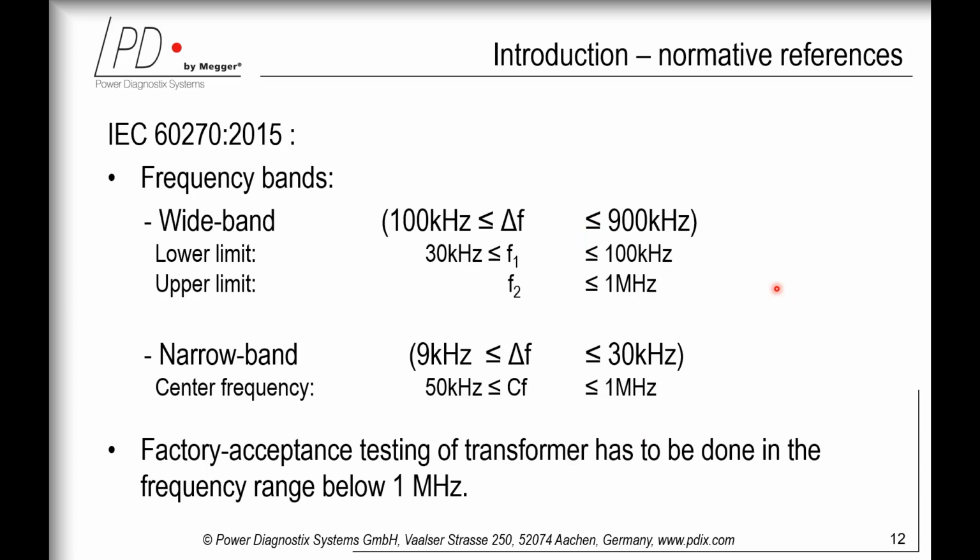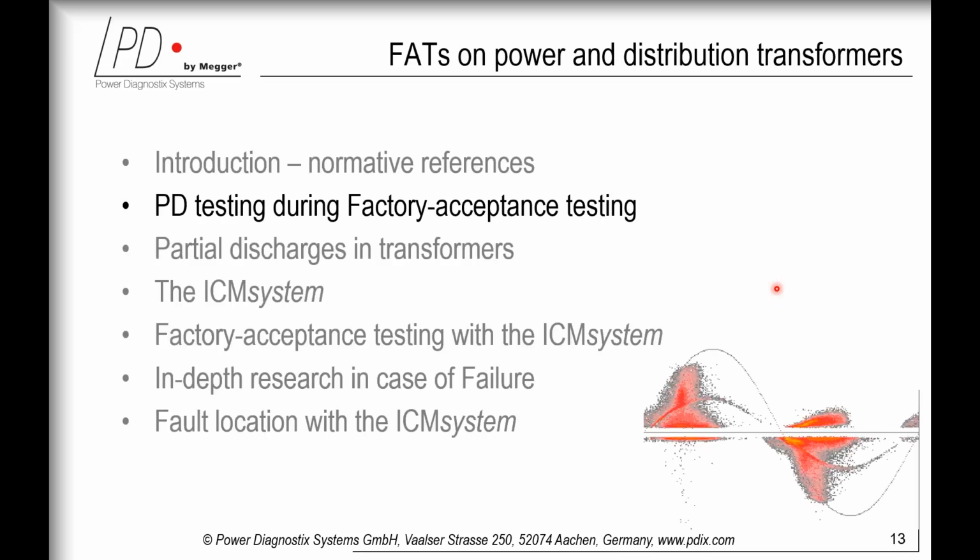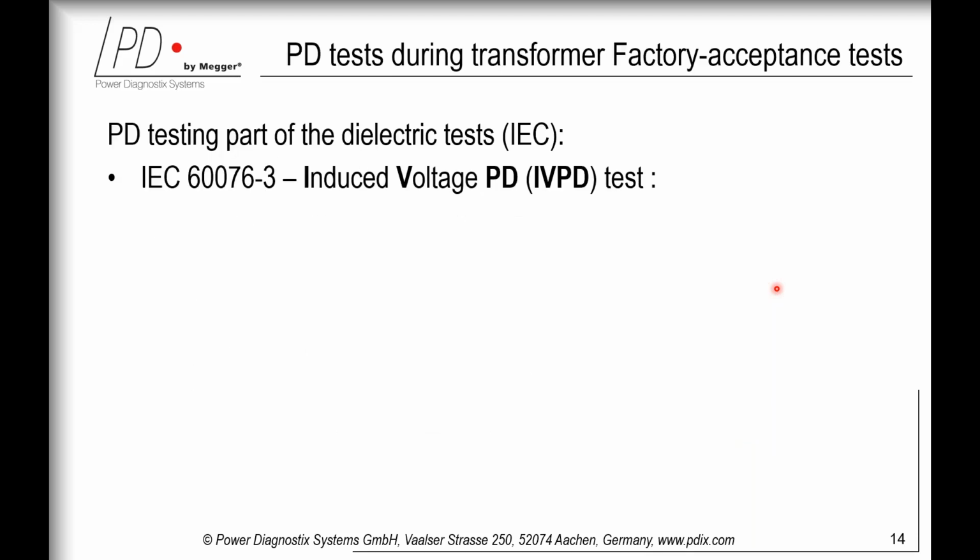So after giving the short overview over the normative references here, we will now continue with the question, where exactly is PD testing now part of a transformer factory acceptance test? So PD testing is part of the induced voltage test, either in combination with the withstand test or as a standalone induced voltage PD test, often referred to as IVPD.